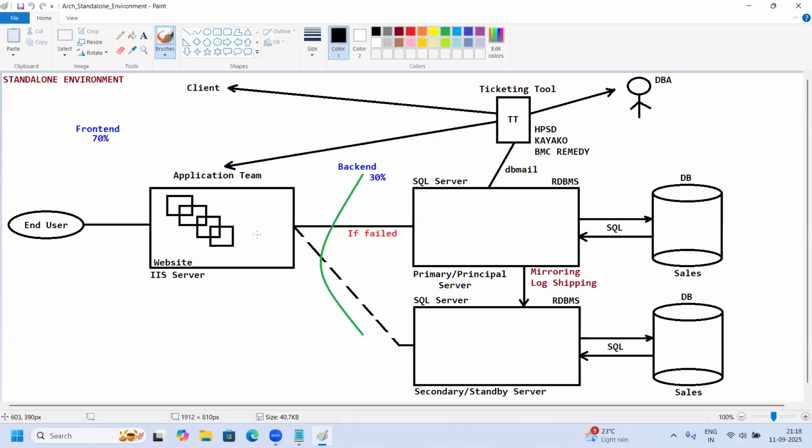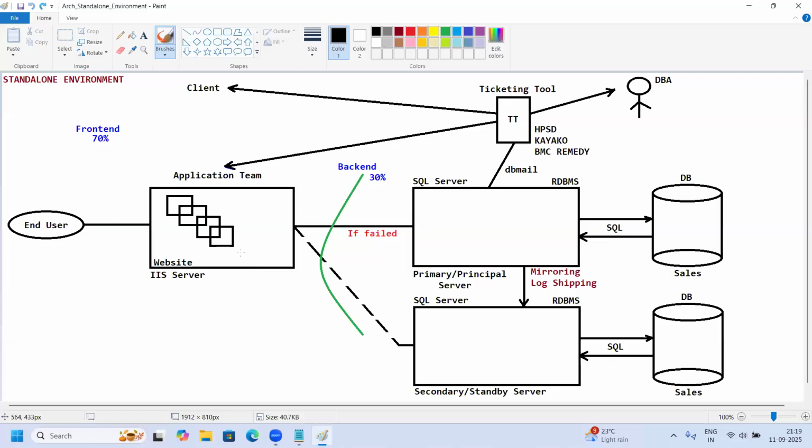For example, in this architecture, this is one website, developed by one application team, and that website is running on a server called the IIS server.